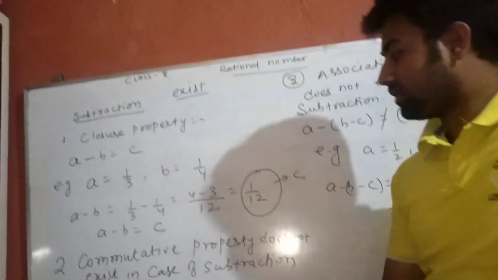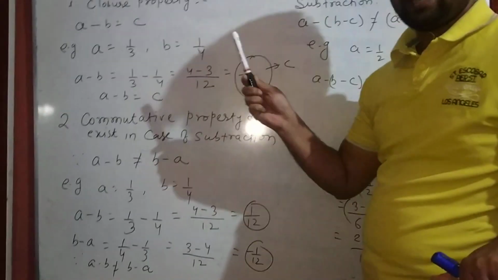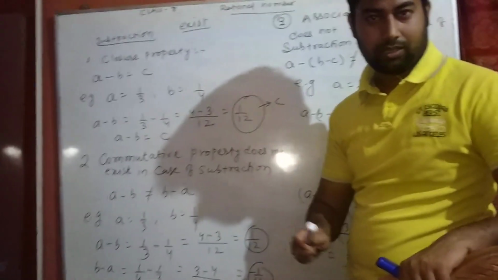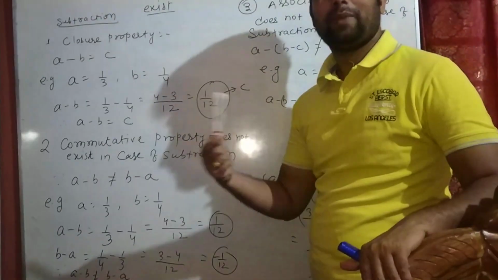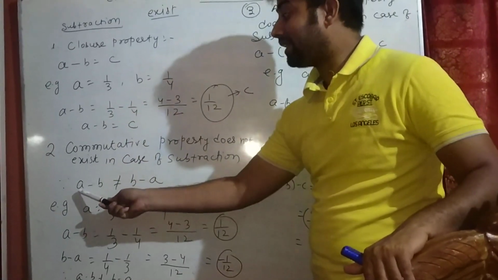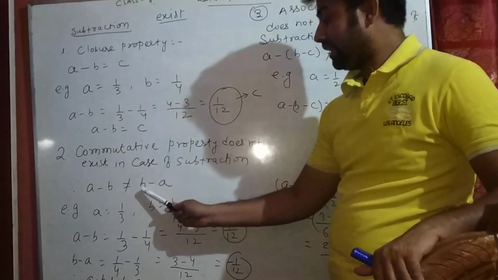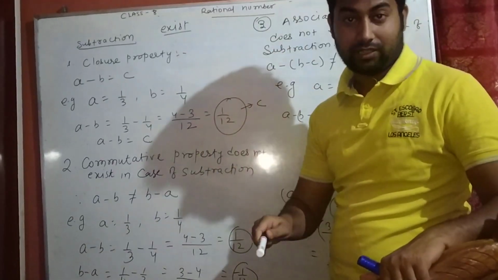Now move on to the next property, the commutative property. In case of subtraction, the commutative property does not exist. Why does it not exist? Because if we change their places, suppose I have written a minus b, and if I change the places, it becomes b minus a, and the result will also change.